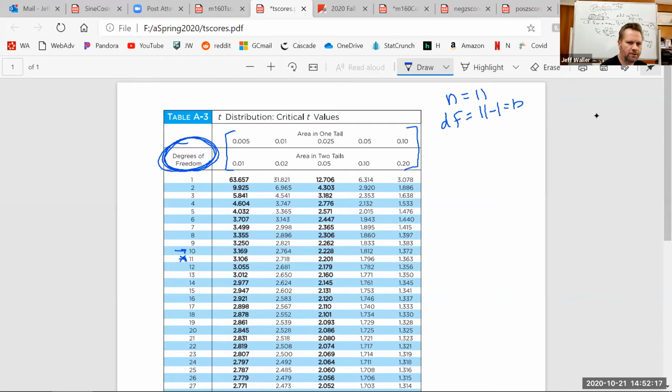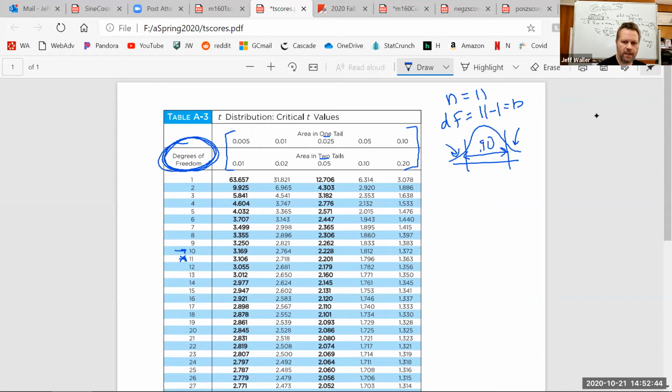See the top? There's 2 rows. Area in one tail, area in 2 tails. When we get to chapter 9, this is really going to make a lot of sense, and we're going to be thankful that they made the chart look like this. Right now, you just got 2 options. So for example, if I want to be 90% confident, what area is in the tails?